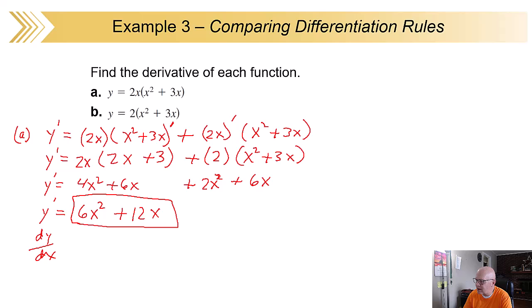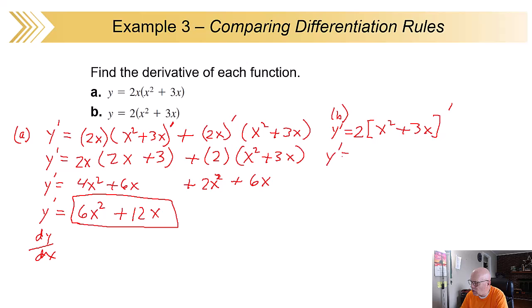Now let's take the second one, b. It looks as though I have less room here, so I have to be more efficient with my writing. So next one, y prime equals. Now the first term I've got is a 2. I can use the constant multiple rule, just leave that 2 out of the way. And I'm going to take the derivative of x squared plus 3x.